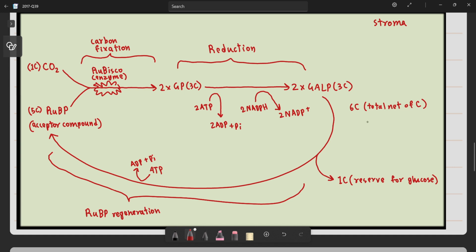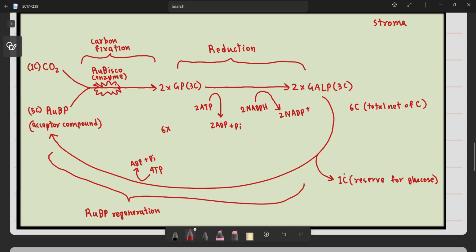So not the entire GALP is converted into RuBP, because this part has a total of six carbon. The six carbon is split into two: one carbon from the six carbon total net is reserved for glucose, and the other remaining five carbon are used to regenerate RuBP, powered by ATP. Since it is just one carbon, the cycle is going to repeat six times, until it reaches a six carbon reserve for glucose.